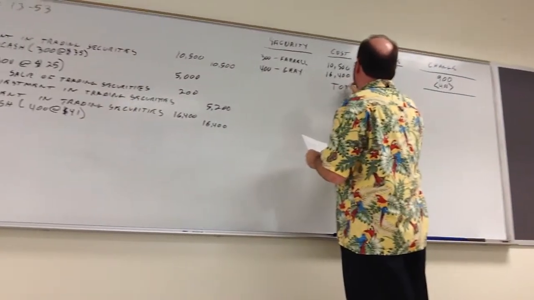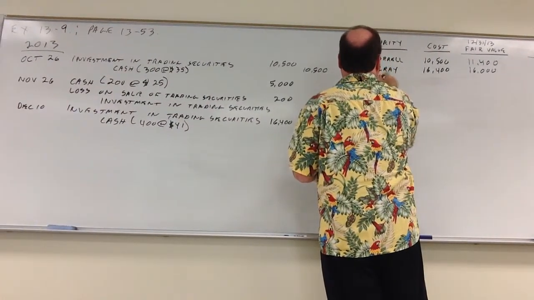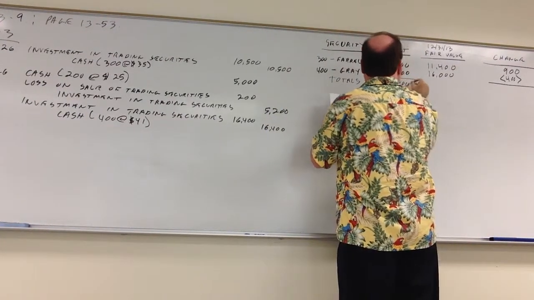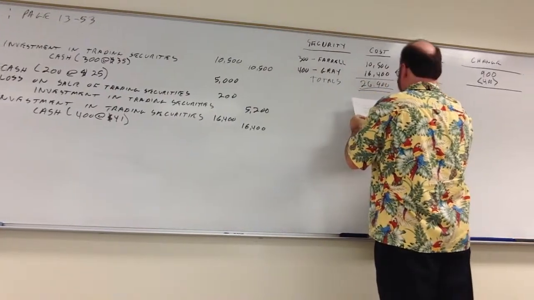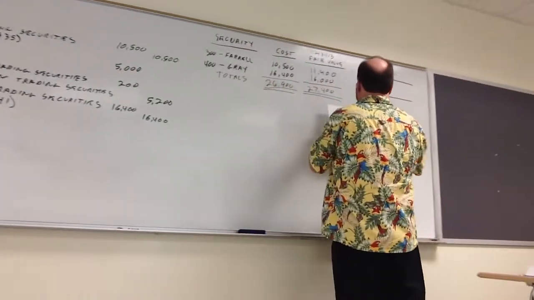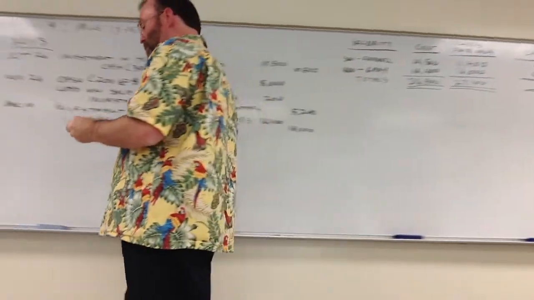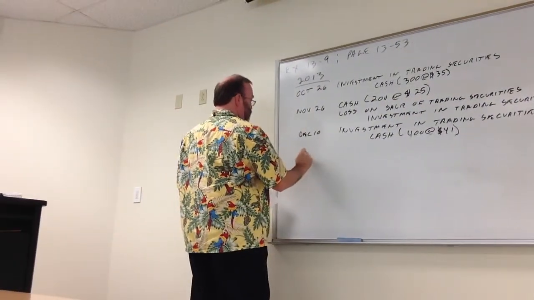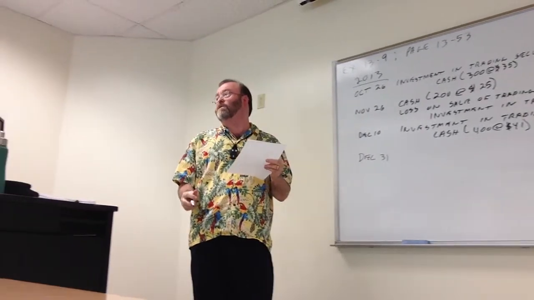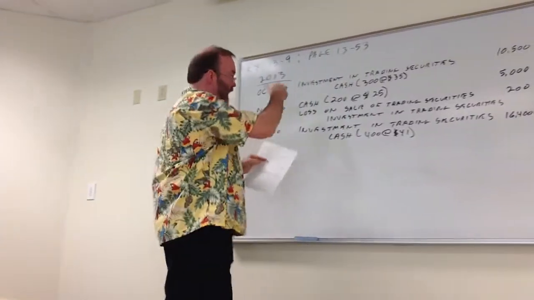So our totals: this is $26,900, and this is now $27,400 aggregate fair value of our entire portfolio. A net change of $500. So the December 31st entry needed is, because this is a trading security, we're going to be taking the unrealized gains to the income statement. For that reason, we write up the actual account.